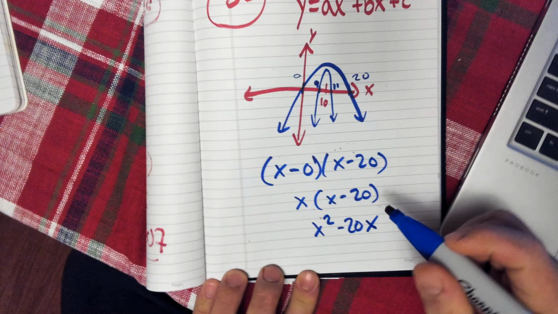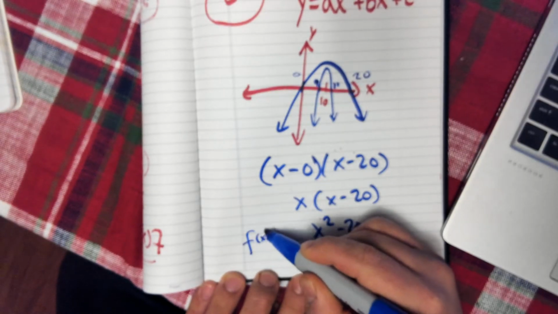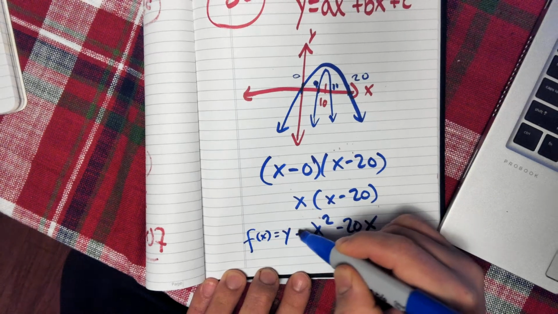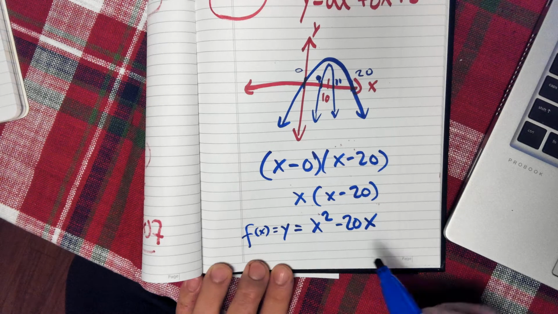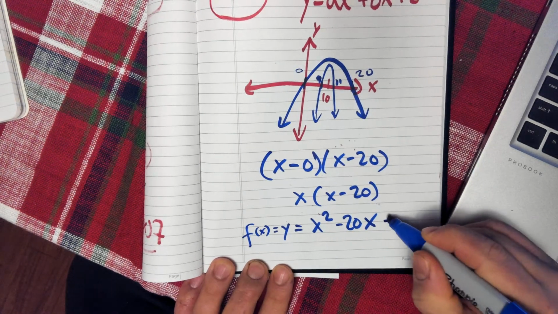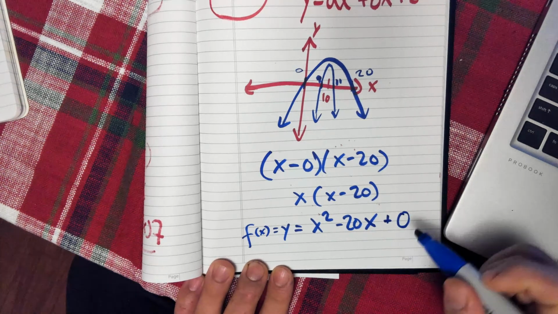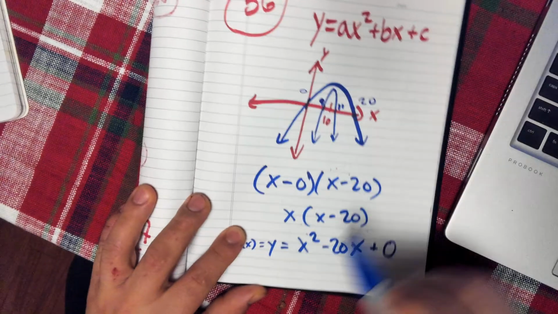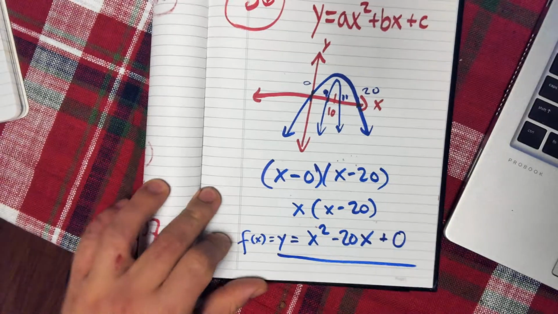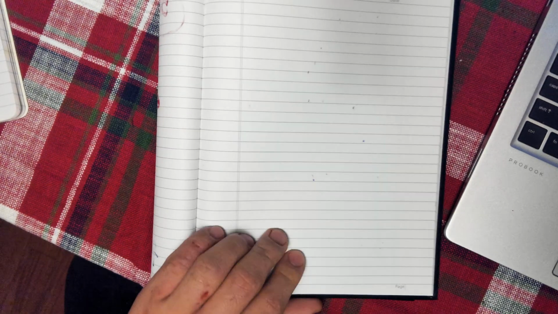Or f of x is equal to, or y is equal to x squared minus 20x plus c. Well, there's no c, so let's just add plus 0, so it's in the right form. Okay, that right there is our answer for 56. Making good progress, y'all.